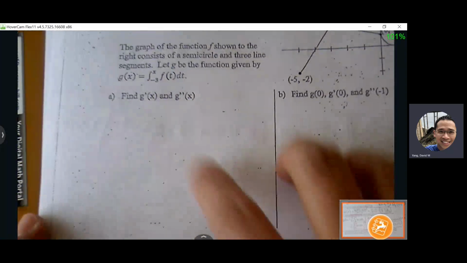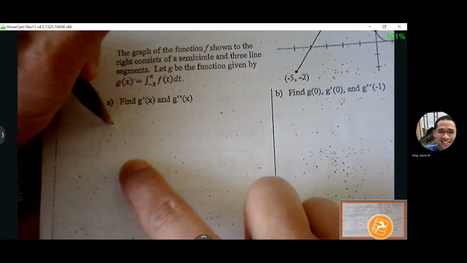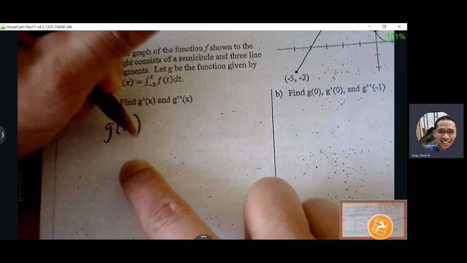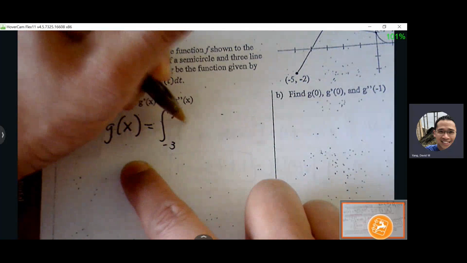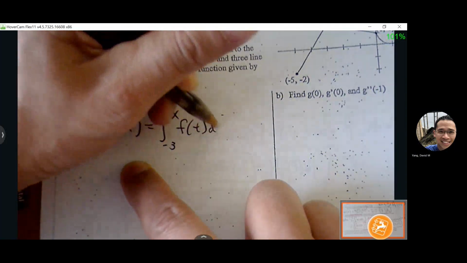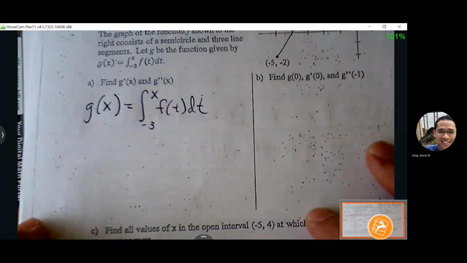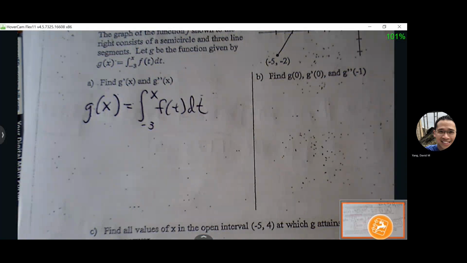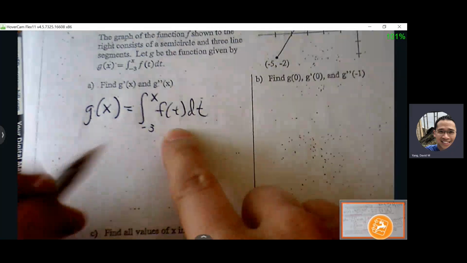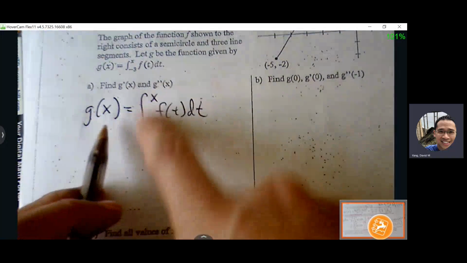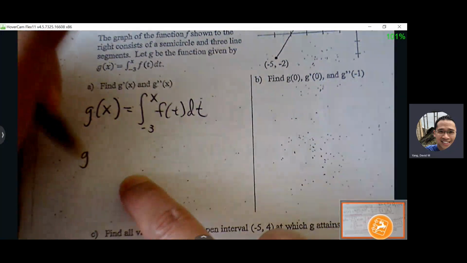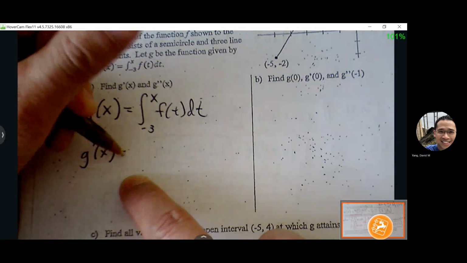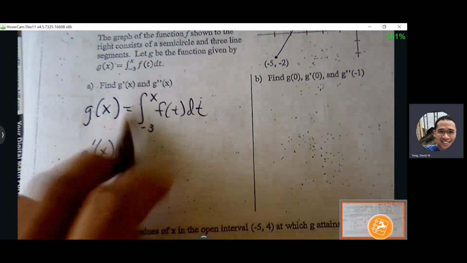I just want to talk about this for a moment, and we'll get into it a lot deeper. Let's say g of x is the integral from -3 to x of f of t dt. Let's say that's a starting function. It looks messy, but it just means g of x is the area under f of t. If I want to find g prime of x, what's going to happen to this notation?